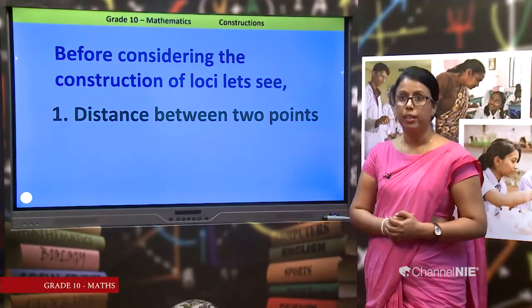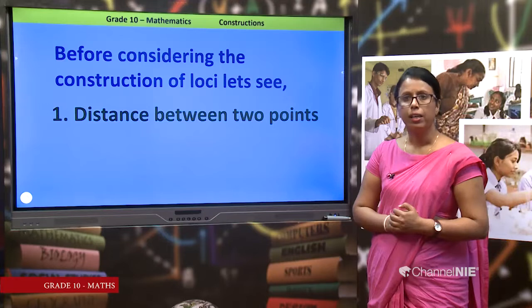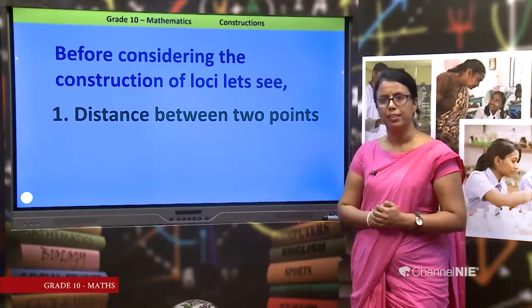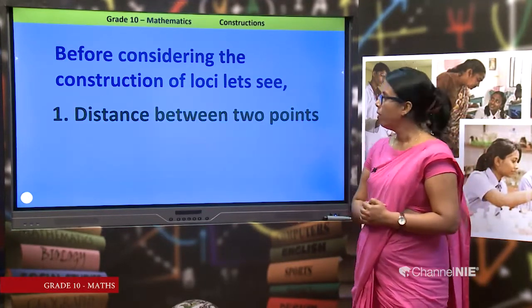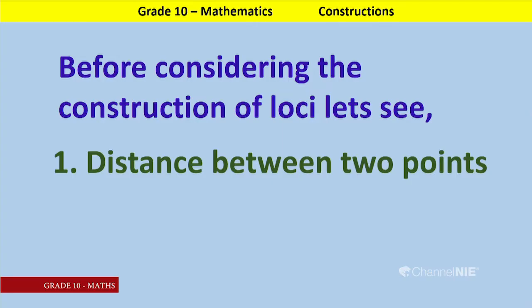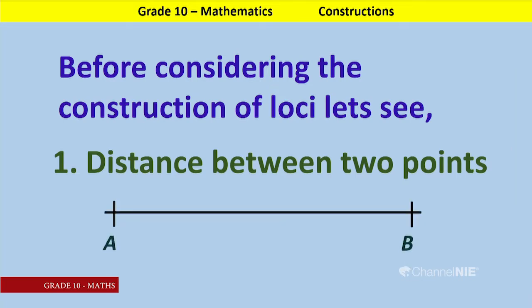Before going to consider loci, let's see some geometrical facts. Distance between 2 points. What can we call distance between 2 points? A and B are 2 points. Distance between 2 points, what is this children? This is a line segment.